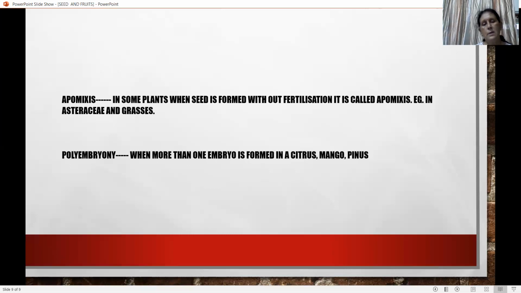In a single sentence, we can say that when more than one embryo is formed in an ovule, it is called polyembryony. It is found naturally in citrus, mango, pinus, etc.